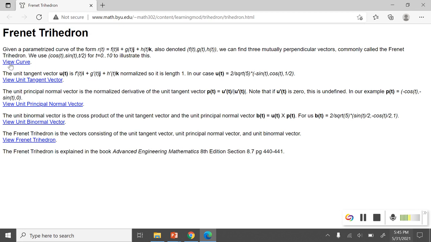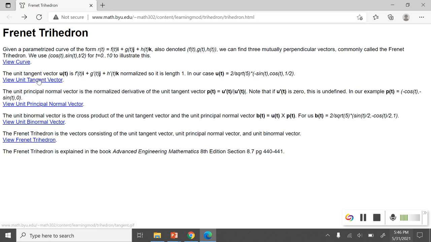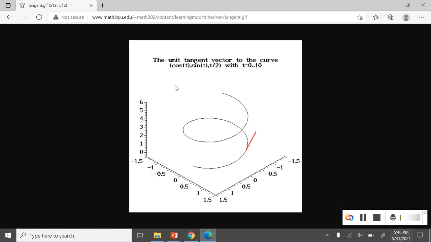So on this website, we're going to consider the following space curve. Here's an animation of the space curve we're thinking about, coiling around like that. This space curve has a unit tangent vector. I'll show you what that looks like in red.